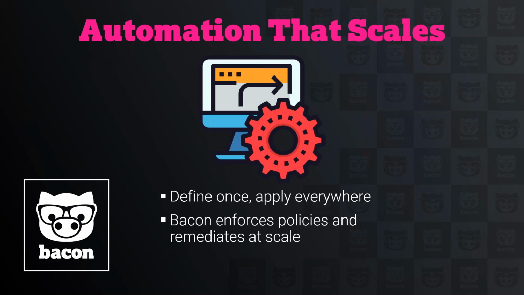And we want to make sure you can save as much time as possible so you can do more fun and more interesting things than fixing vulnerabilities all day. So define once, apply everywhere. That's kind of a big principle there. And enforcing policies so that you can do this stuff at scale, right? It's a pretty simple concept.